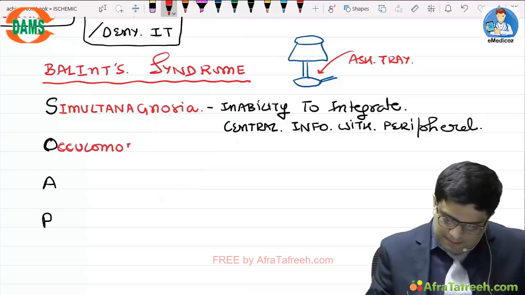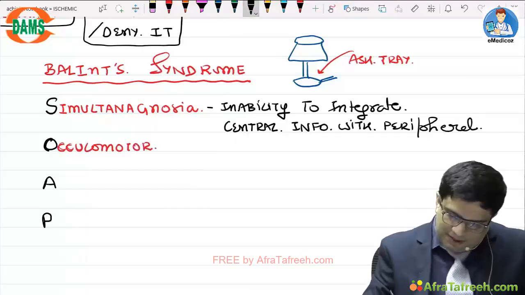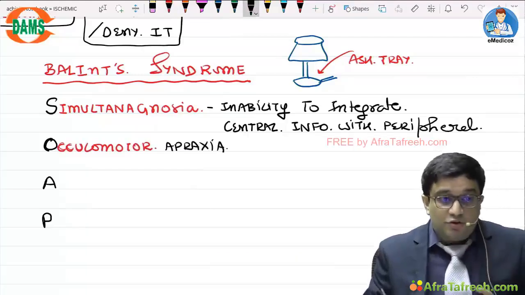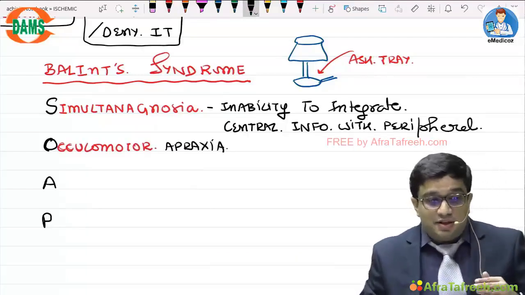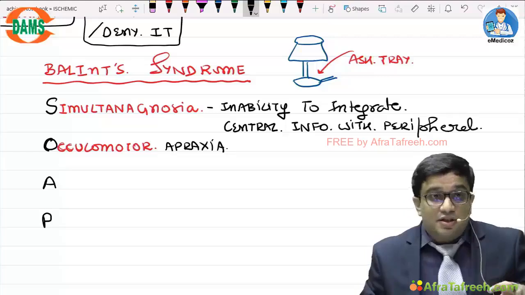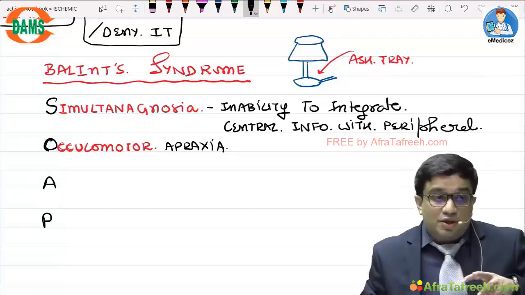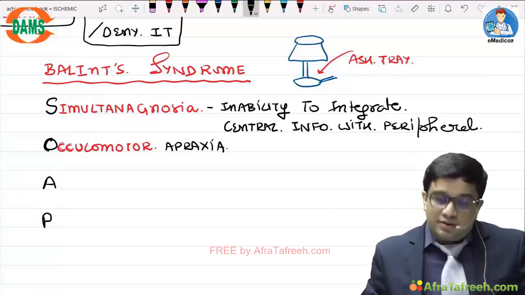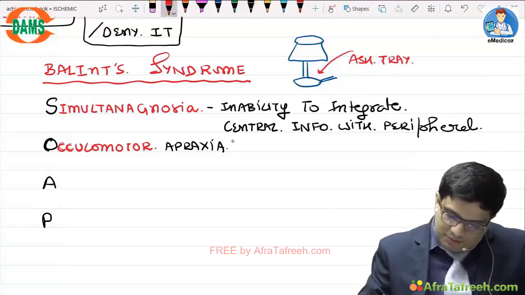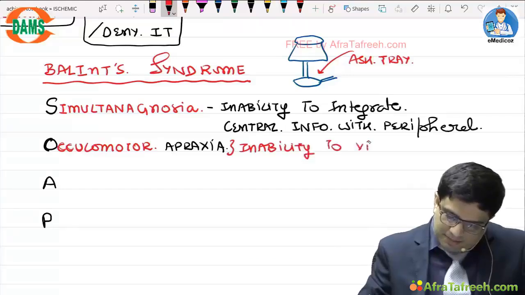Oculomotor apraxia. Now the meaning of the word oculomotor apraxia is that it is a deficit in orderly visual scanning of the environment. So it is a problem or inability to visually scan the environment.